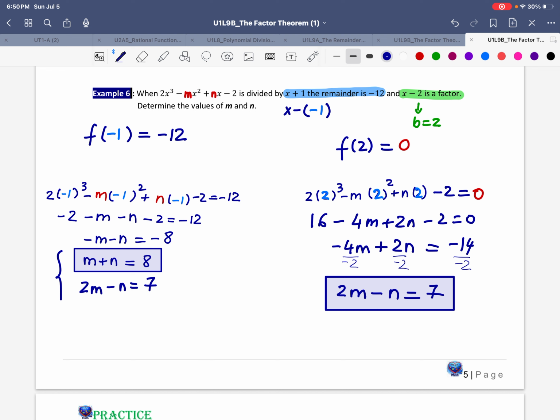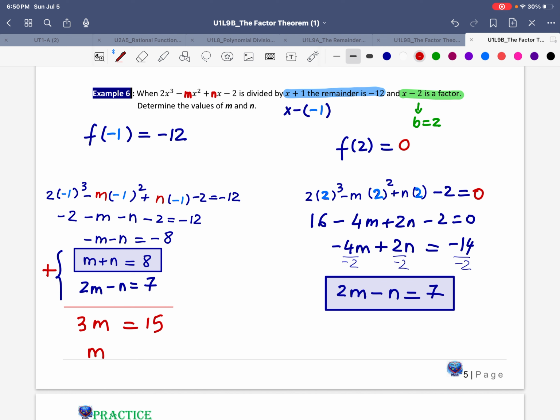Notice how the n and negative n have opposite signs. We can easily eliminate n. We have 2m plus 1m is 3m. N minus n is no n, and that would be equal to 8 plus 7, 15.